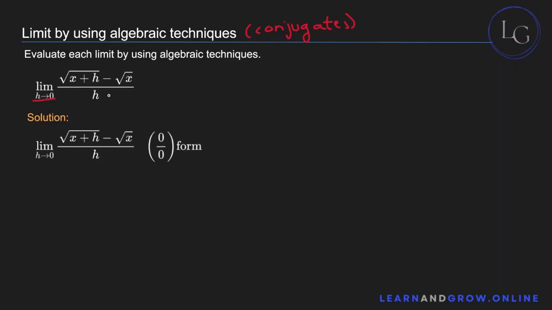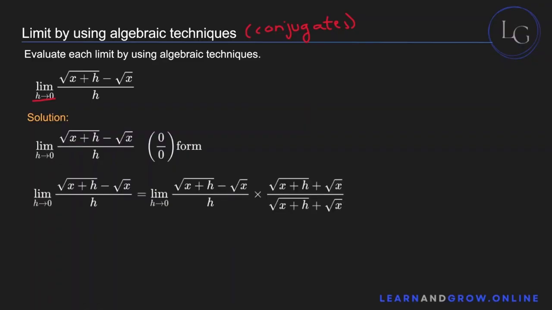Now initially when you input 0 in place of h over here, you get 0 over 0, and that is undefined. So you have to find another way to find the true limit of this function, and that's by simplifying it. But this is a very complex case over here. How do you simplify this? You can't find any typical algebraic identity to apply over here. Nothing is being cancelled out in the numerator and denominator. So what do you do?